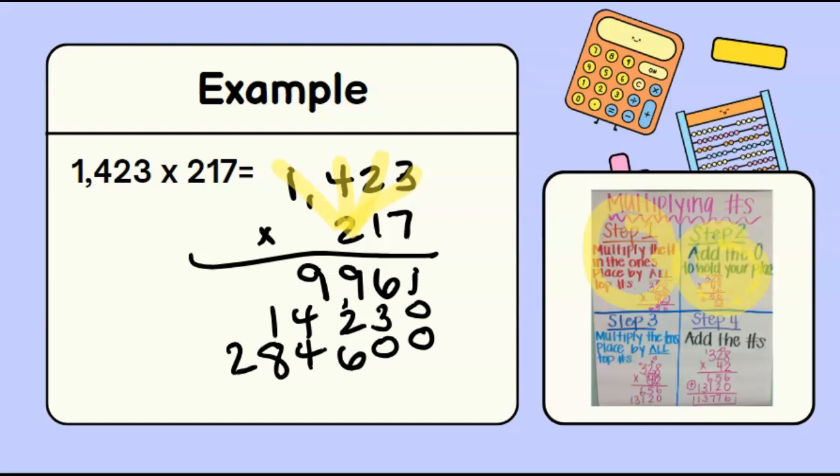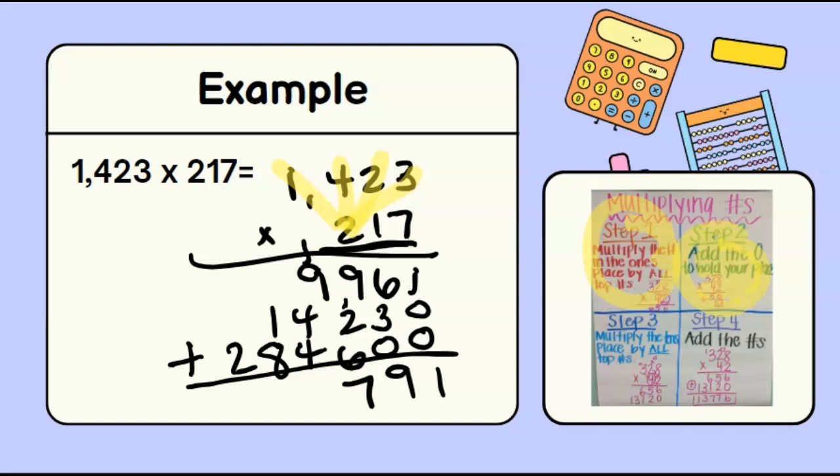Now that I've run out of digits to multiply, I can add all 3 rows together. I multiplied 3 digits. I should have 3 rows of numbers to add. I add my ones column, my tens, my hundreds. So I've got 9 plus 6 is 15, plus 2 is 17.